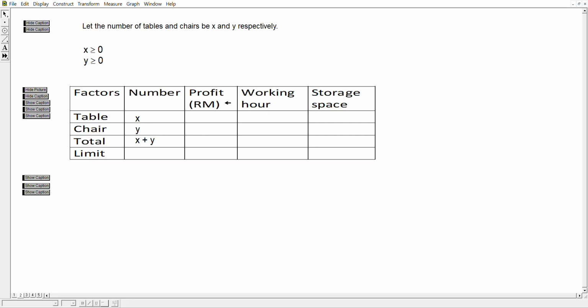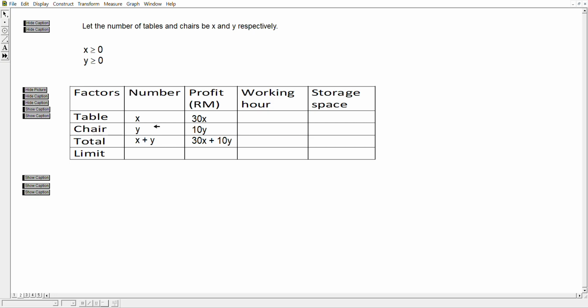The next factor is profit. One table makes a profit of 30 ringgit, so 2 tables is 30 times 2, 3 tables is 90 ringgit, and so on. So if we have X tables, it has to be 30x ringgit.